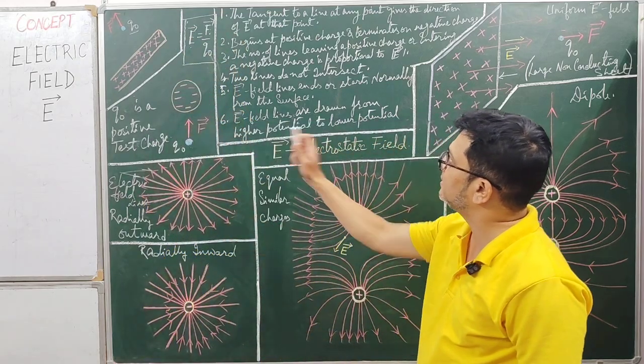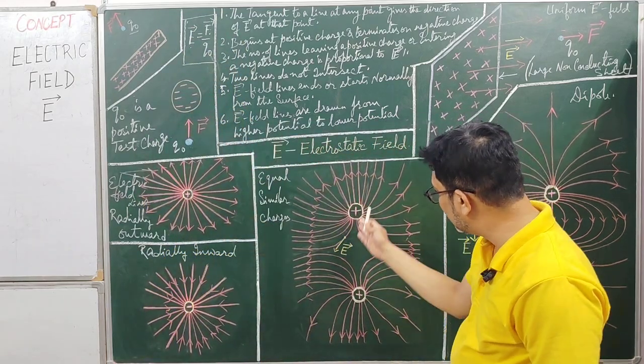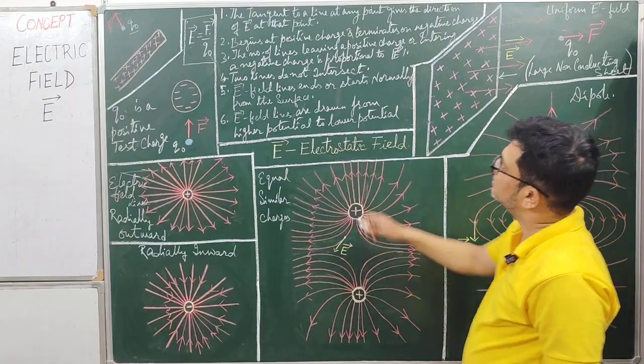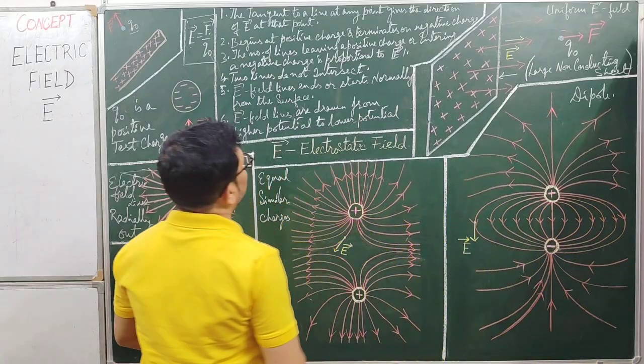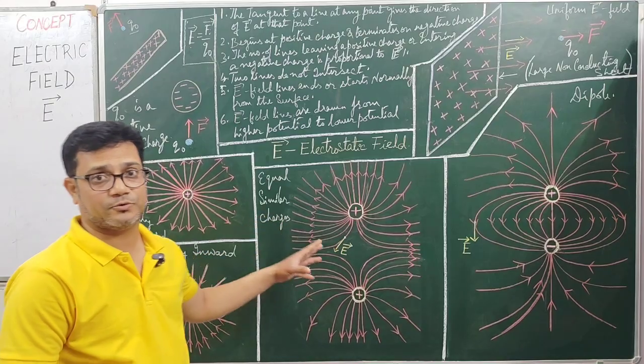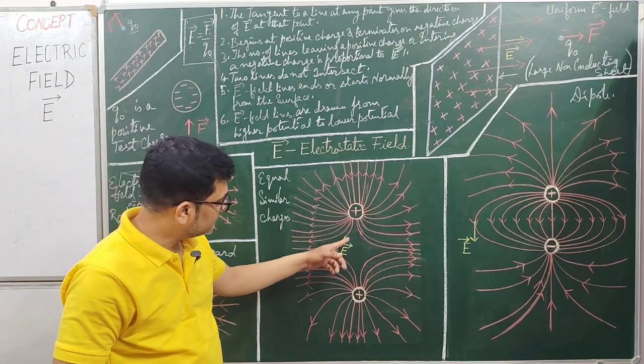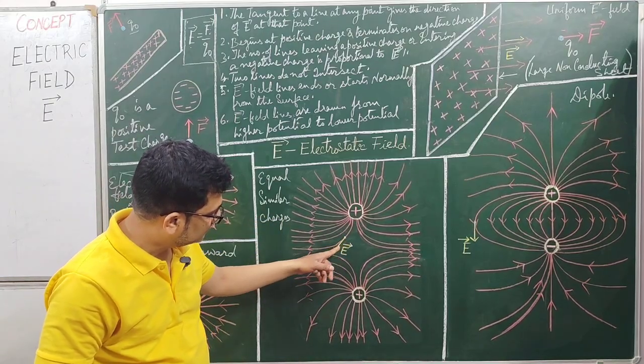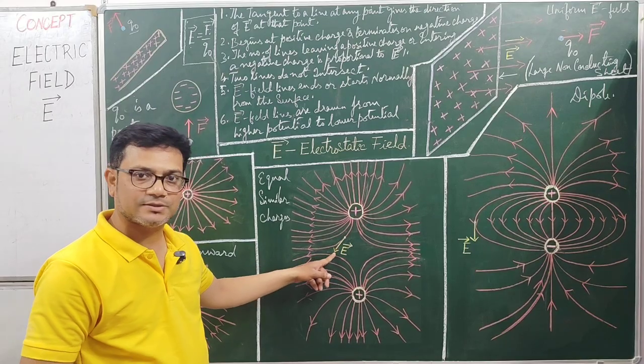However, if you have a curve, the tangent to a line at any point gives the direction of the electric field at that point. So if you draw the tangent to this curve, it's going to give you the direction of the electrostatic field.